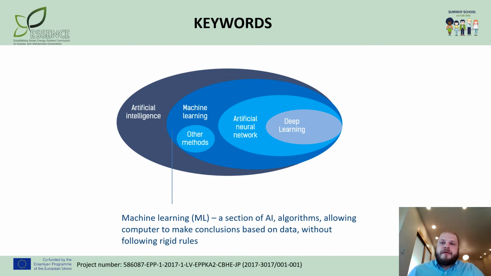In particular, if there is such a problem and initial data, and there is no algorithm for its solution, then we can say that the machine, the computer itself, has learned how to solve it. And it is the exact place where machine learning starts acting.